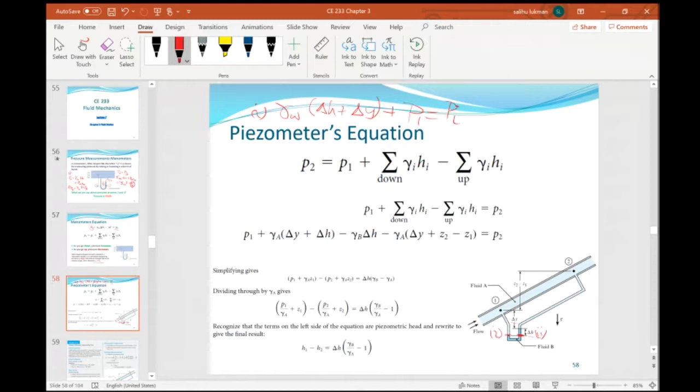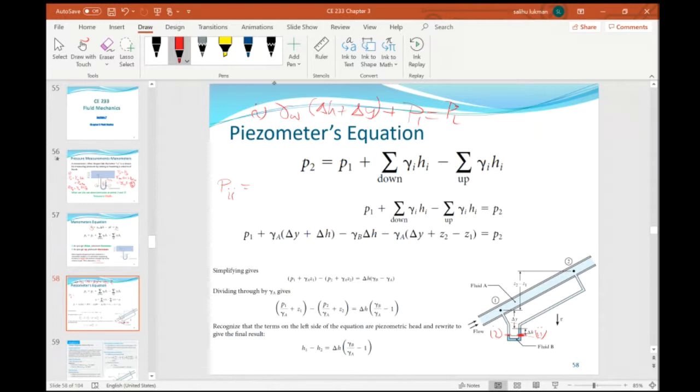Okay, so now let's write the pressure expression for PII for the right side of the egg. PII, the pressure here, we still begin from this bottom, from this elevation.